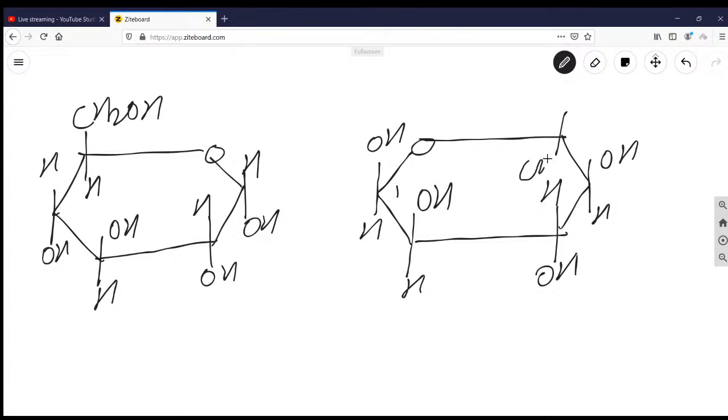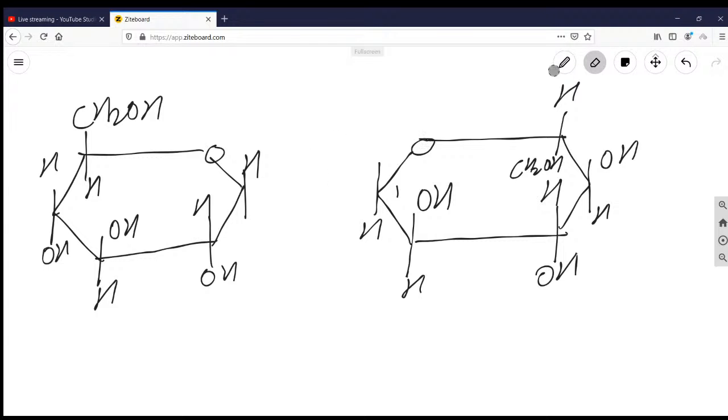Fifth carbon, CH2OH will come down and H will come up. Because of rotation, everything has been flipped. Now again same pattern. Okay, this will be condensation.